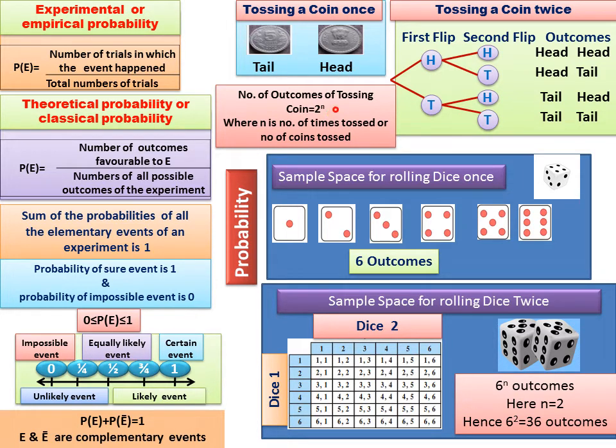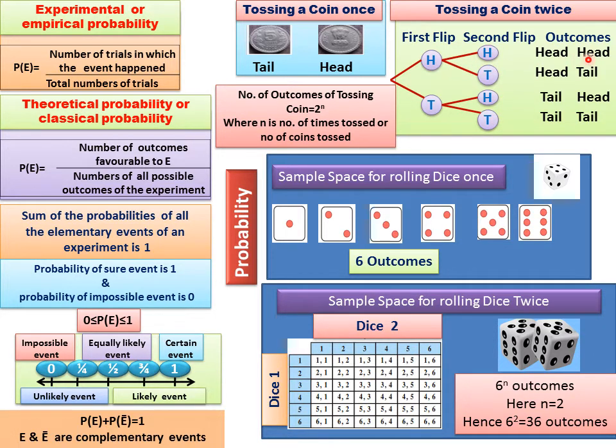Similarly, if I am tossing a coin twice, in the first flip I may get head or tail. If the first flip has a head, then the second flip may have head or tail. Similarly, if in the first flip I get tail, then in the second flip I may have head or tail.